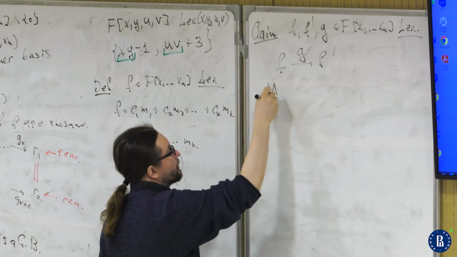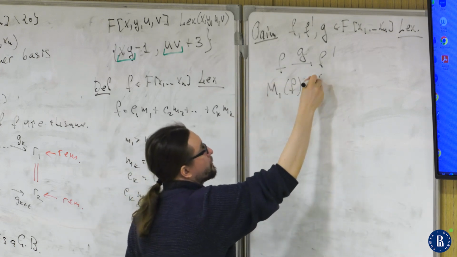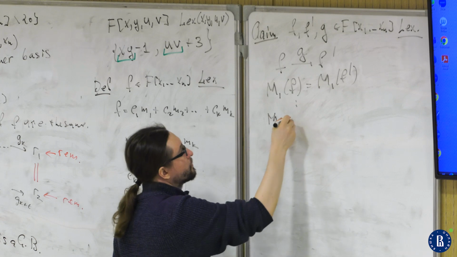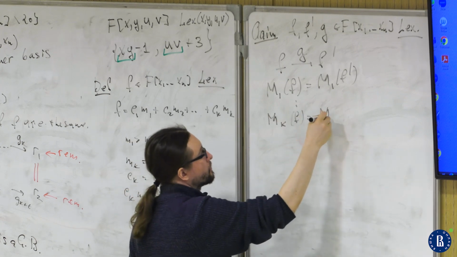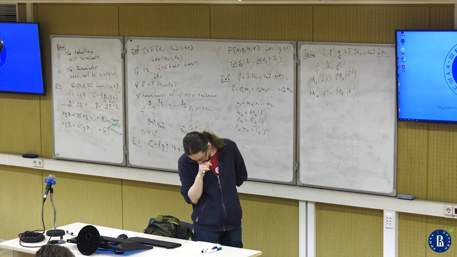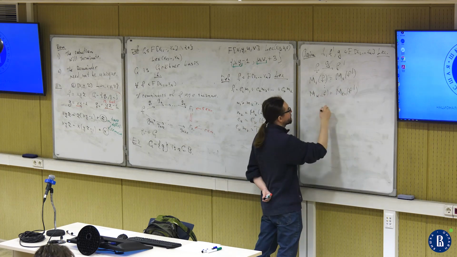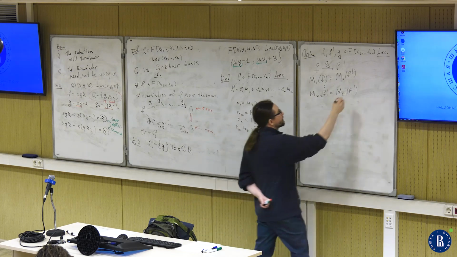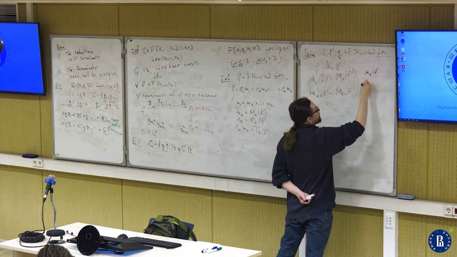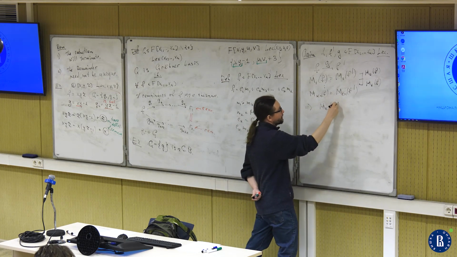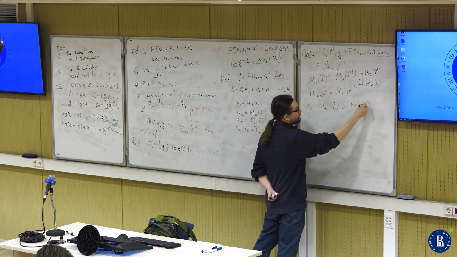And suppose that the leading monomials of f and f prime are the same up to some index, let's say k minus 1. And the monomials mk of f and mk of f prime exist. Then mk of f is not smaller than mk of f prime.